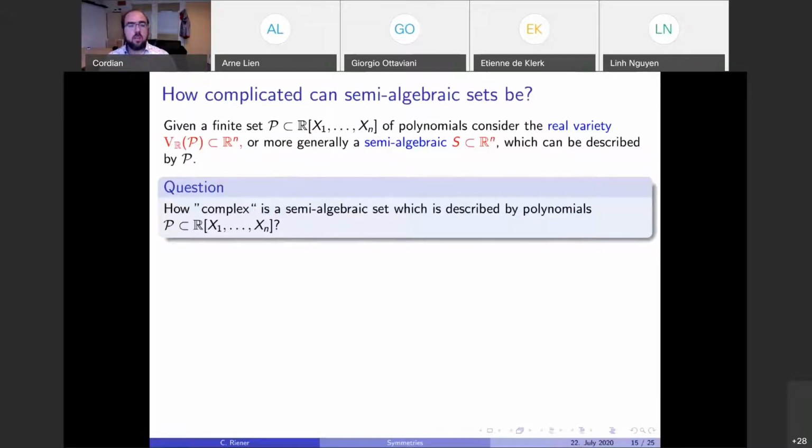Okay, so suppose you're given a finite set of polynomials, script p, and one can consider the real variety defined by those polynomials, or more generally, any semi-algebraic set which can be described by the polynomials in this finite fixed set.